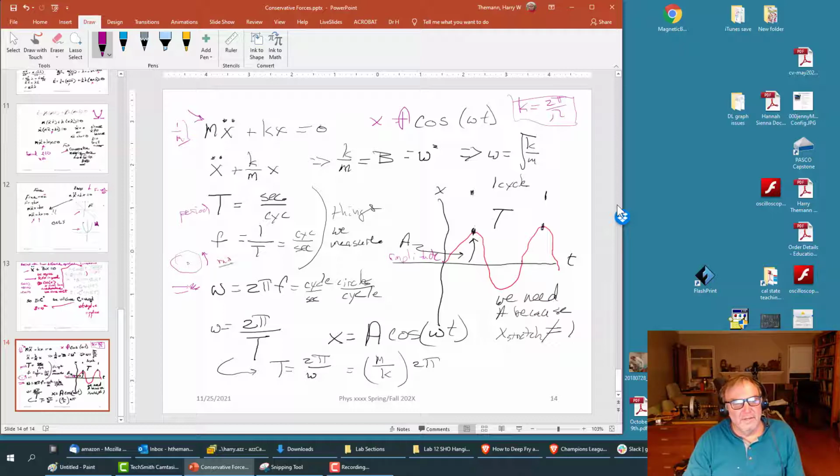That's how fast something is going around. So how do we relate that to the things that we measure? We don't have a way to measure omega, but we can measure cycles per second and seconds per cycle. Well, there is a simple definition that omega equals 2 pi f.